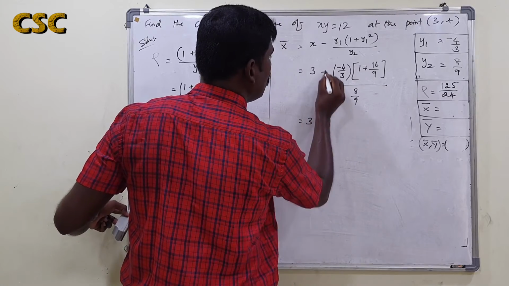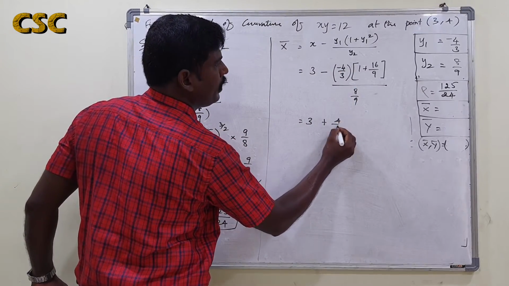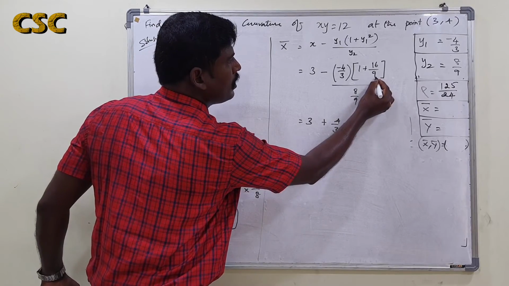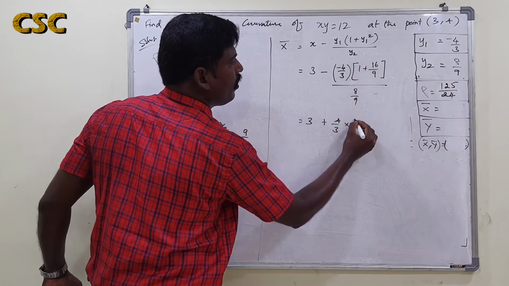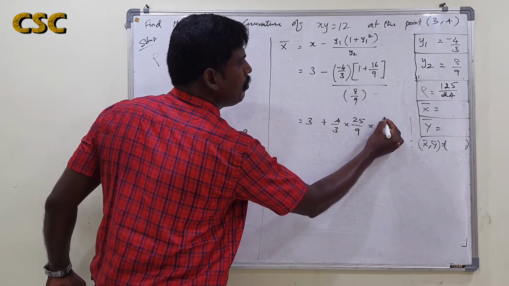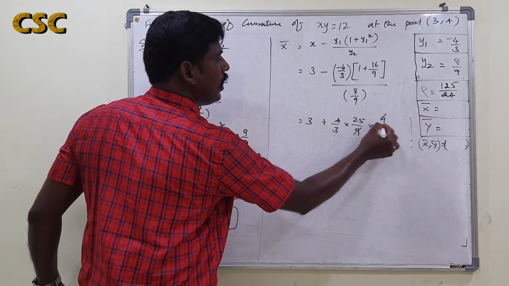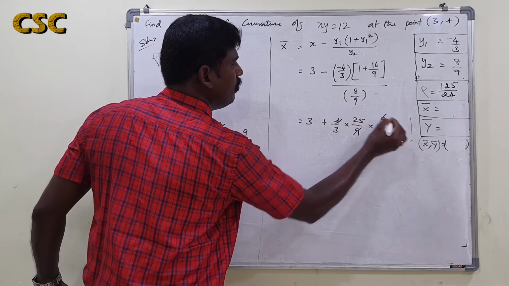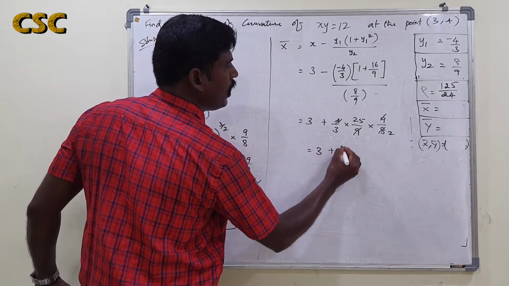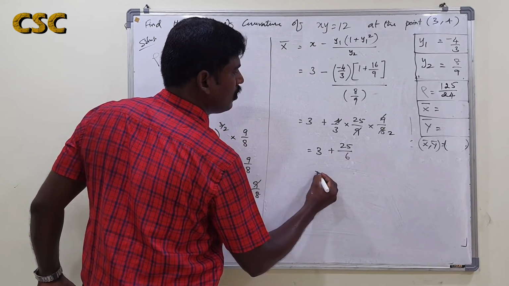That is equal to 3. This minus becomes plus 4 by 3 into, taking LCM inside the bracket, 9 plus 16, 25 by 9, into this 8 by 9 becomes reciprocal multiplication, so 9 by 8. That's all. So we cancel this 9 with 9, this 4 with this 8, it becomes 2. So that is equal to 3 plus 25 by 3 2s are 6.